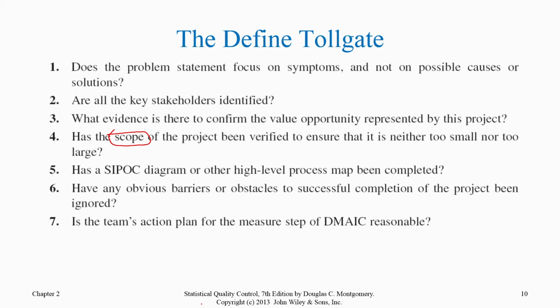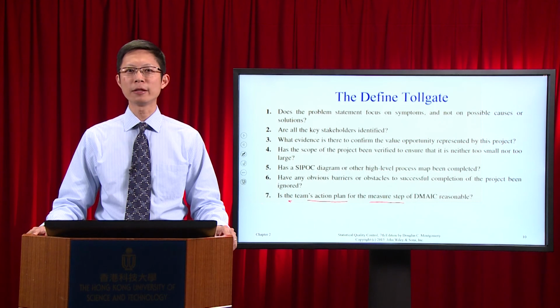Whether the SIPOC diagram has been completed is also quite important. Also identify any obvious barriers beforehand, because sometimes you need to consider them before you really implement, so you don't get stuck in the middle. Also the team action plan for the next phase: what's your plan for the next step? That's the end of the define step, and we'll prepare to move to the next steps.